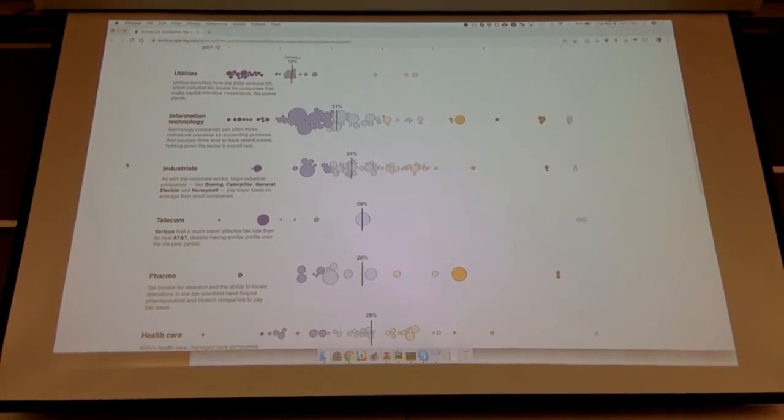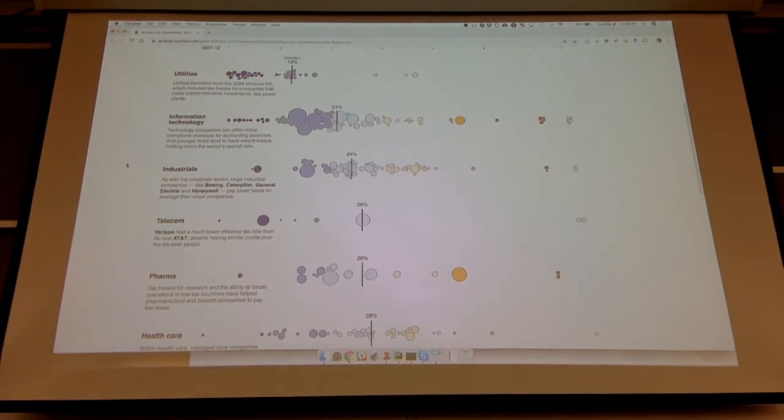What additional channel am I using now? I have a categorical data set now. I split it up by industry. And how do I show this? Spatial region, yeah. So I'm using spatial region here, or position, to also show these categorical attributes with industry.